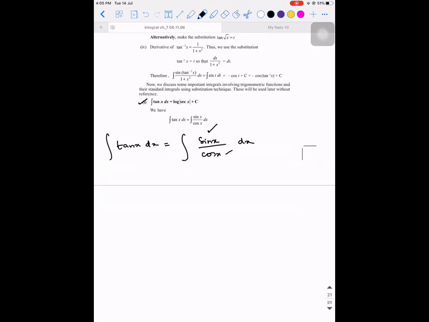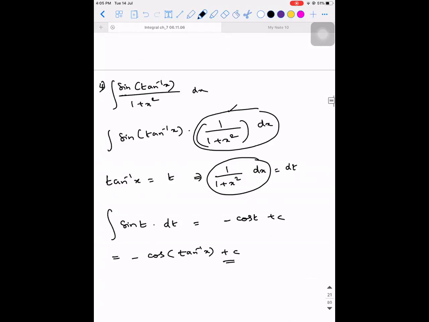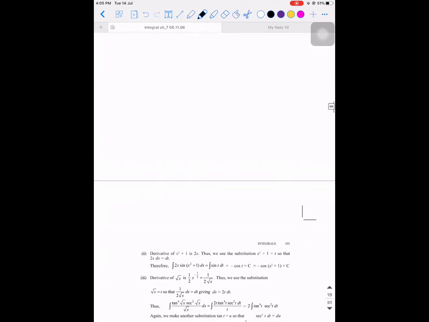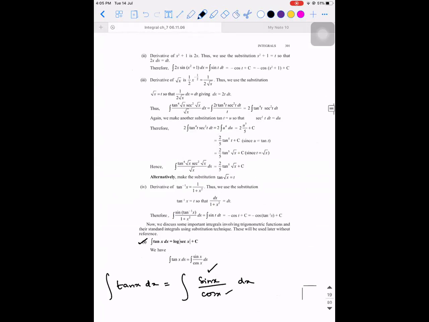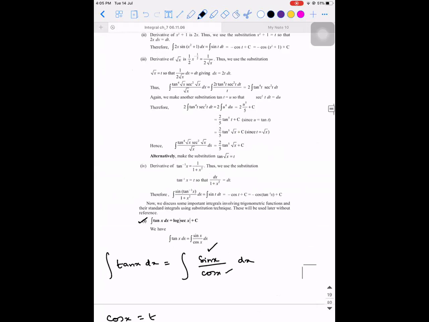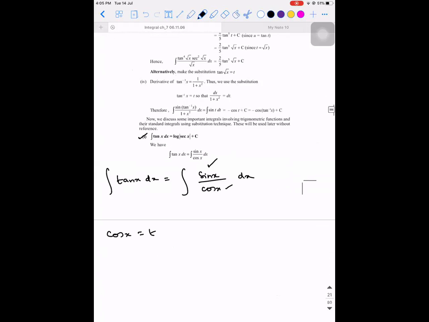So keeping one important point, to eliminate the denominator, I need to substitute cos x as t, because when I substitute something as t, what should I get in the numerator? When I differentiate, I get a dx. Every problem you would have seen by now, everywhere you get a dx. So the dx will be a part of the numerator. If that should happen, I should substitute the denominator in this question as t.